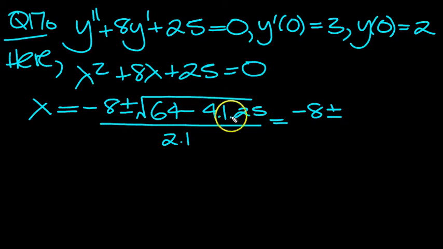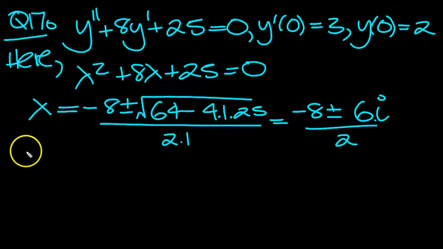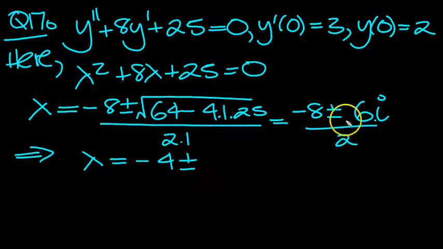This is 4 times 25, which is 100. That's minus 36. 36 is a square number, so we can square root that, and we've got a minus 1 square rooted, haven't we, because it's a negative 36 here. That's over 2. So that implies lambda equals, what have we got? Minus 8 over 2 is minus 4, plus or minus 6 over 2 is 3i.